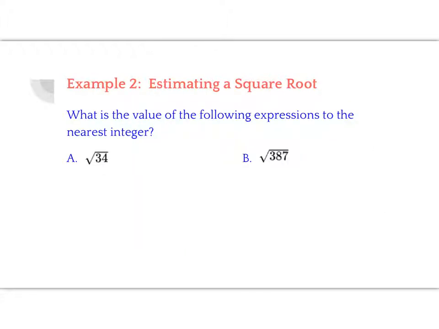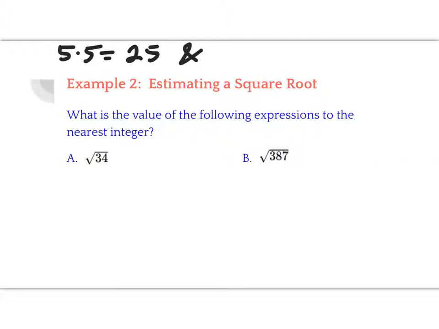Example 2, estimating a square root. What is the value of the following expressions to the nearest integer? Well, 25 is a perfect square because, of course, that equals 5 times 5, as we've already seen.